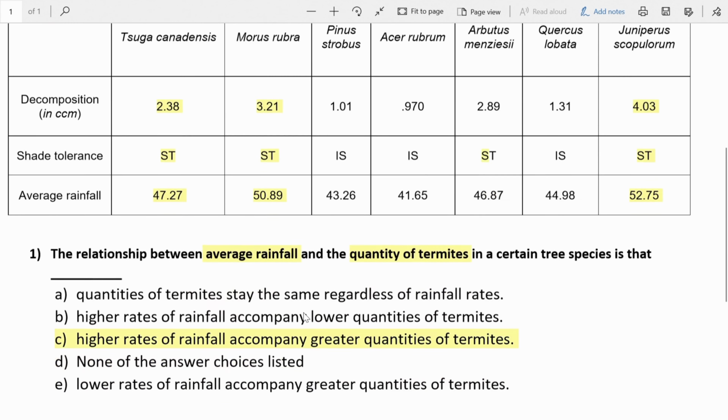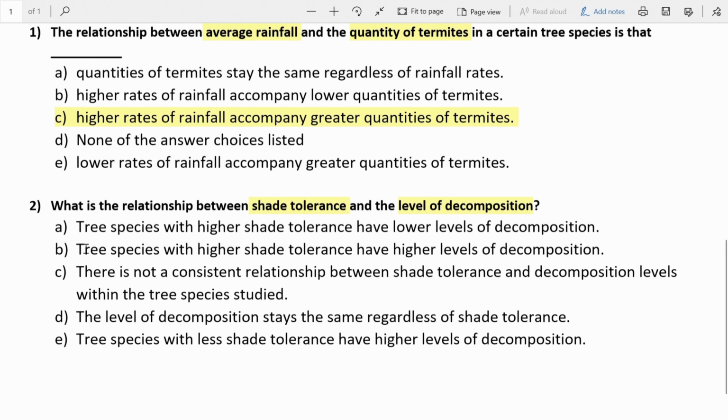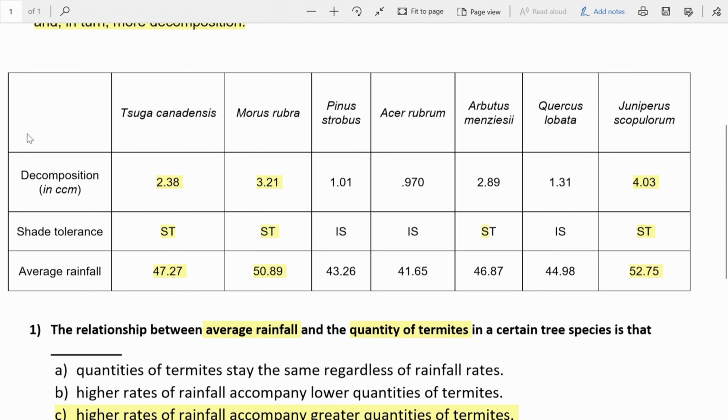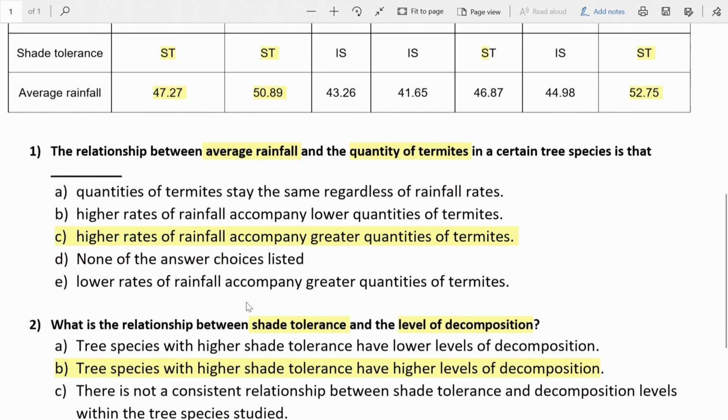So let's go to the question again. Tree species with higher shade tolerance have higher levels of decomposition. Okay, that is a simple question. Just look at the chart, go through the numbers, and see what the question is asking for.